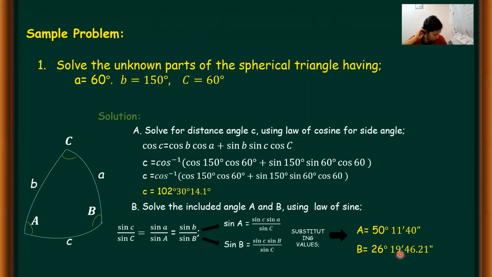Let's just check first, I think we have a problem with B. We have arc sine of B. If we are looking for B and we use C, check the value of B if this is correct.